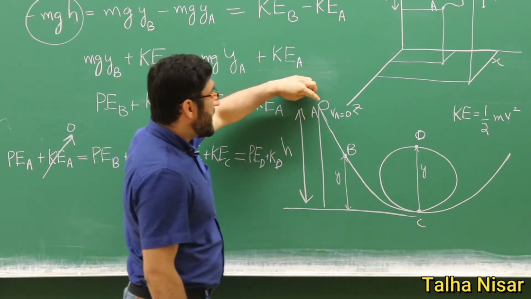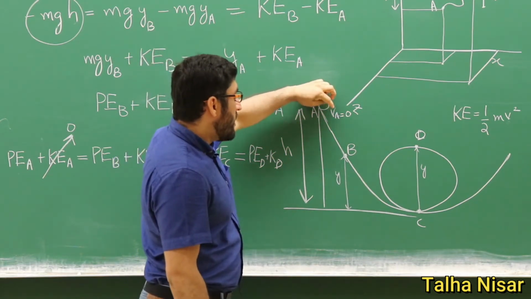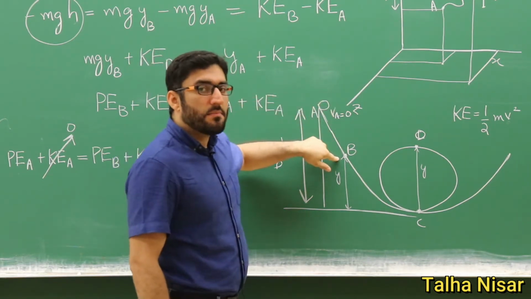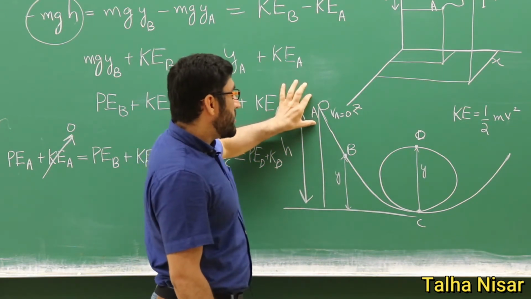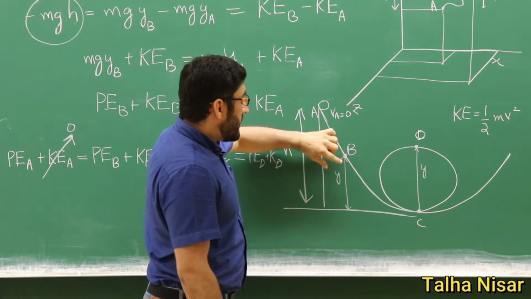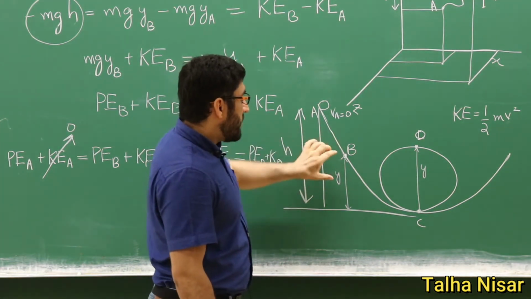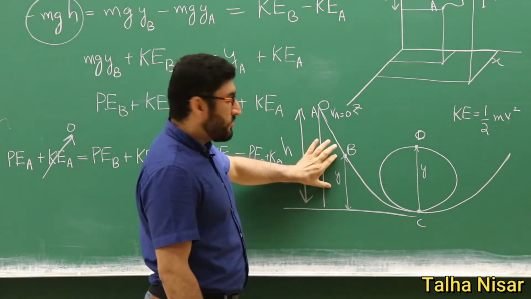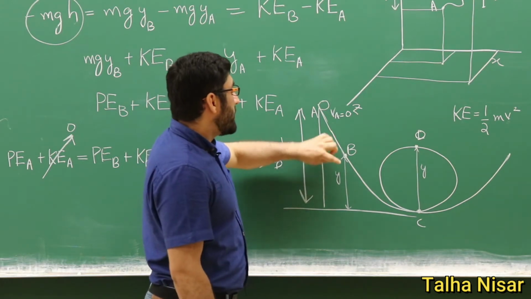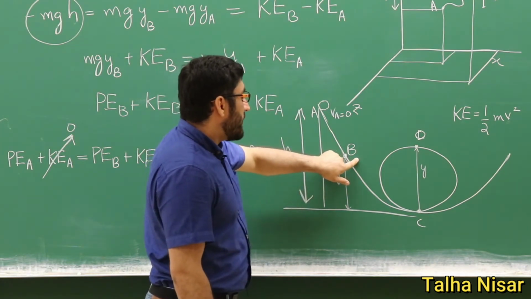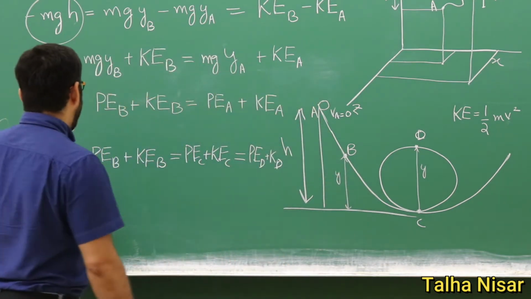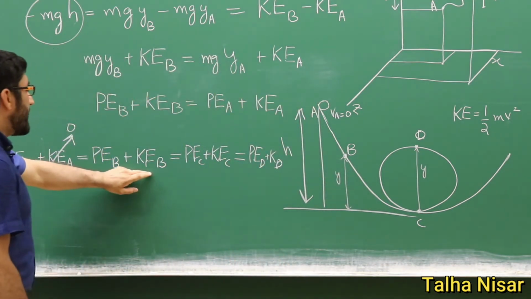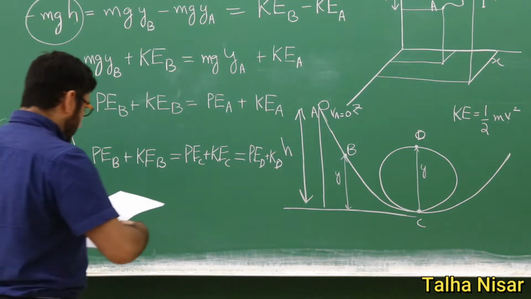At point A the kinetic energy was 0, but now this object has some kinetic energy because it has some velocity. So that potential energy is converted to kinetic energy. So we have smaller potential energy at point B, but greater kinetic energy at point B relative to point A. So we have potential energy and we have kinetic energy at point B.